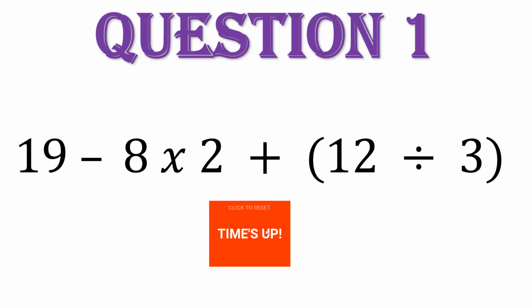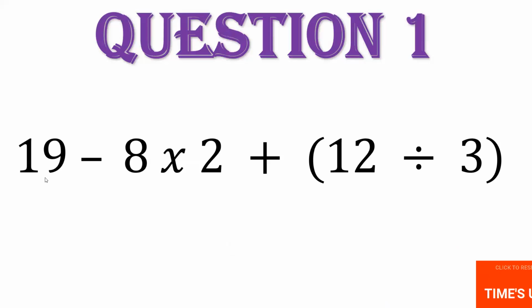First of all, what they said: 19 minus 8 times 2 plus, in brackets, 12 over 3. If you answer this question with the wrong order, it's going to be a problem. Why? Because you will get different answers.